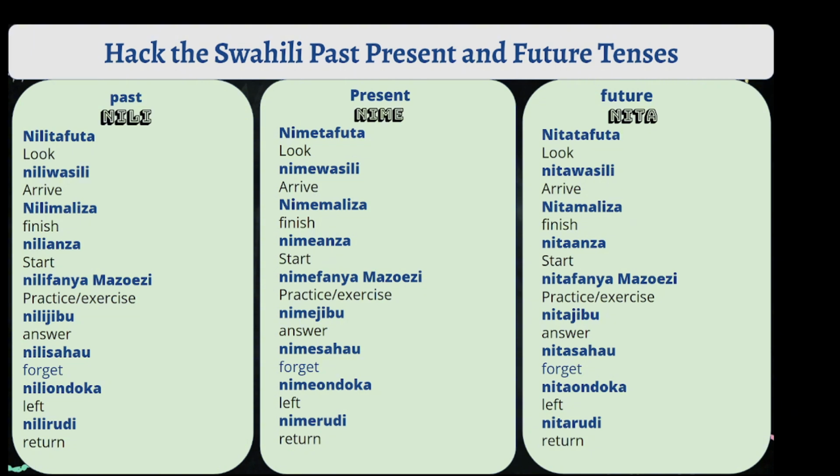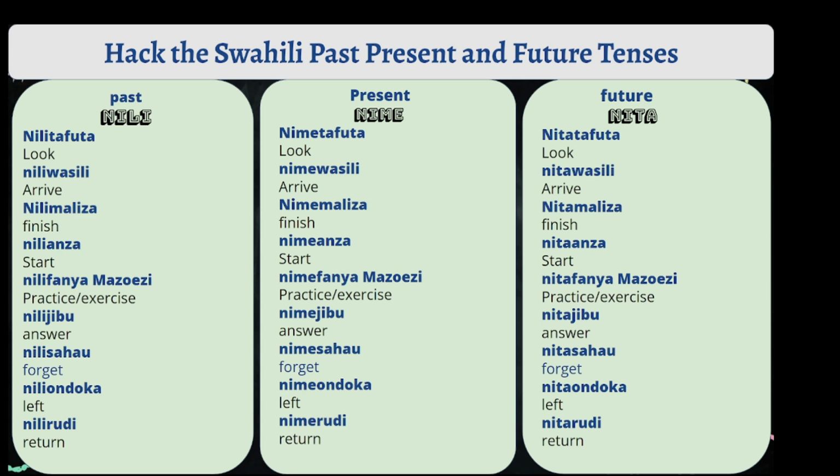Here's how I would use to remember this. For nime, the ni stays the same, but the me is me. And I'm always in the present. I'm always right here. So anytime I want to say something that is present, I have to remember, be present. Be in the moment. So nime is now. Now, nita, to look into the future.